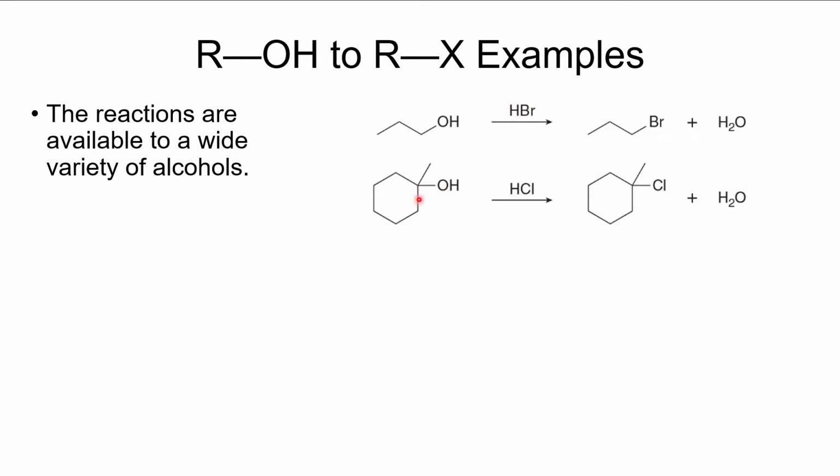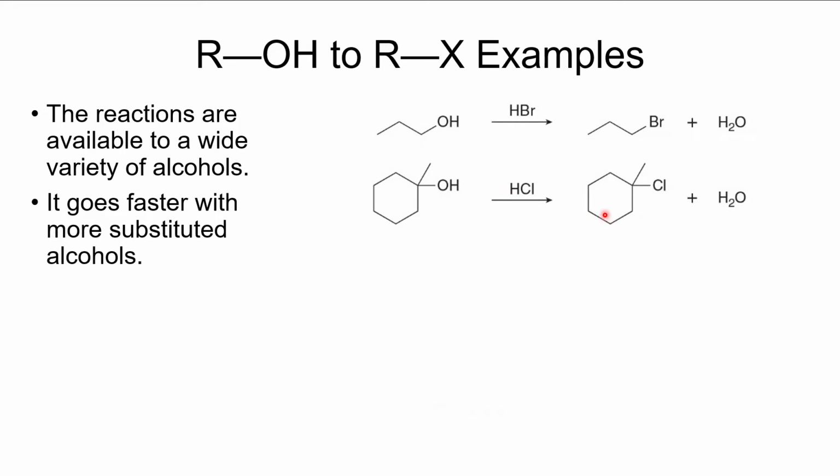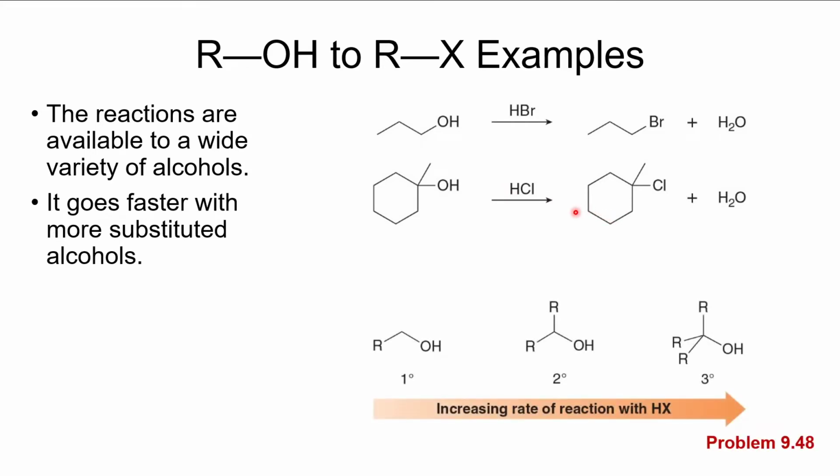And with the tertiary alcohol, we can convert it into the chloride using HCl. We'll find that this reaction goes faster as you have a more substituted alcohol.